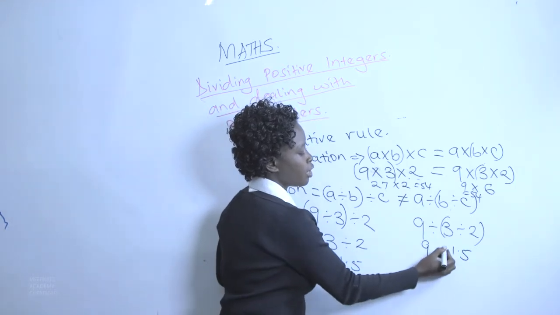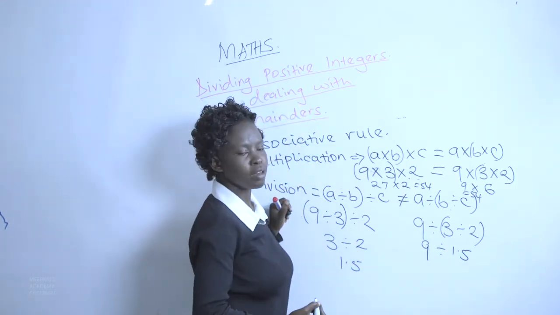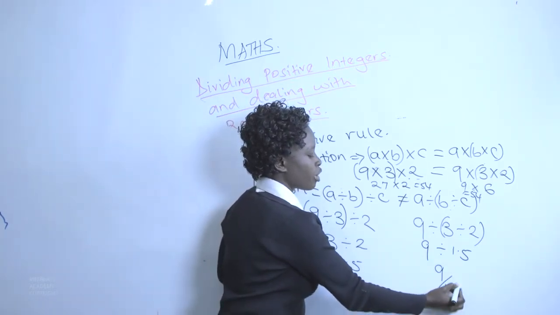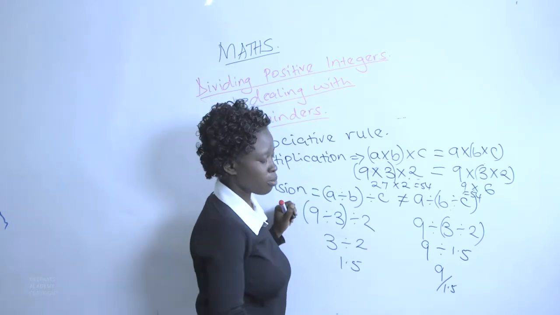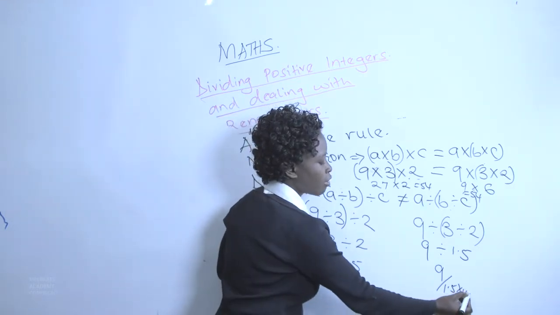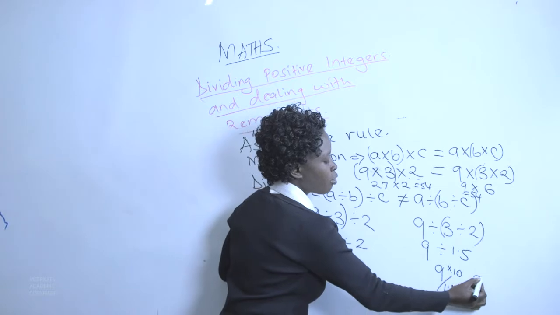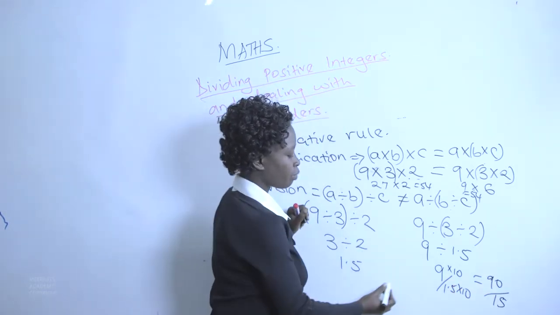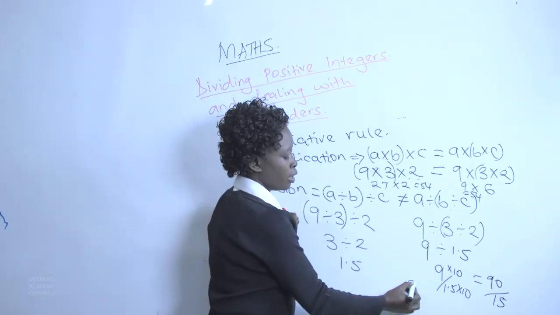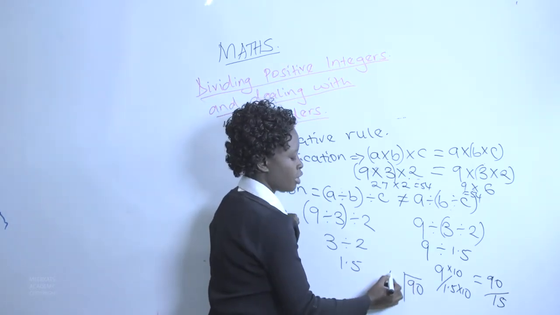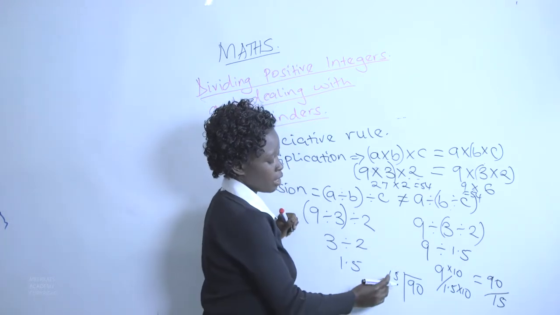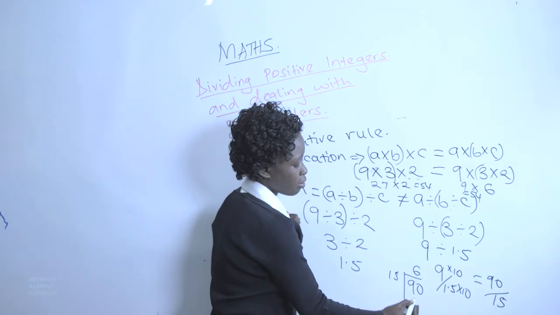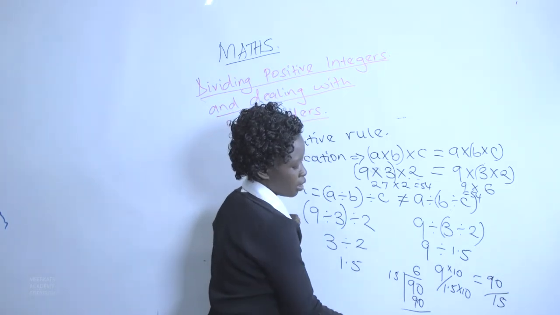Then we have 9 divided by 1.5. So we will have 9 divided by 1.5. We start by removing the decimal point. So I'll multiply by 10, so that I have 90 divided by 15. 90 divided by 15, what we are having is 15 into 90, that is 6, to obtain the 90.